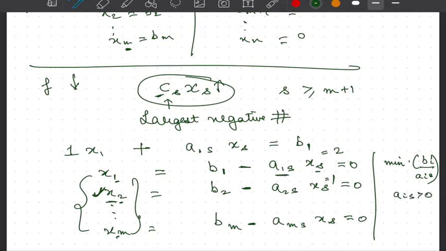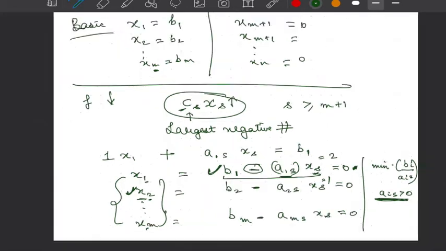Because if this coefficient, for example, is less than 0, then it does not matter how much you keep increasing x_s; a negative multiplied by a negative sign is going to get positive. This equation is never going to become 0, it is always going to stay positive, so the solution is not bounded by that equation, because there is no risk of it becoming 0. So our limiting factor would be b_i upon a_is, such that a_is is greater than 0.